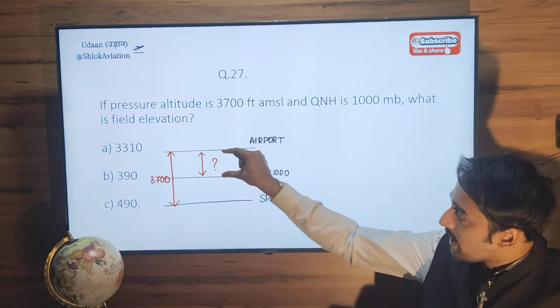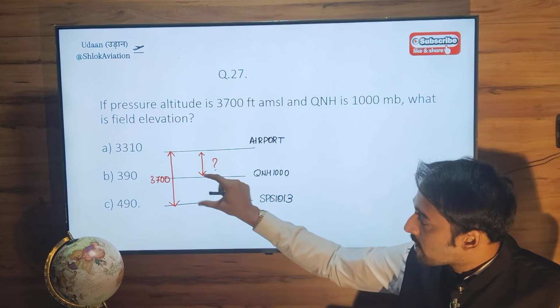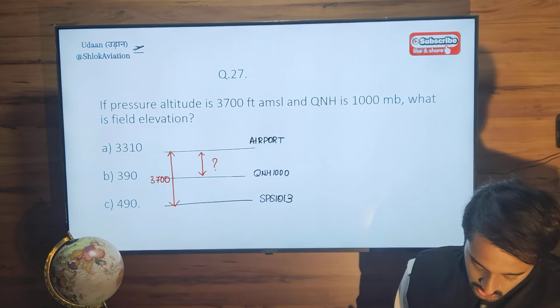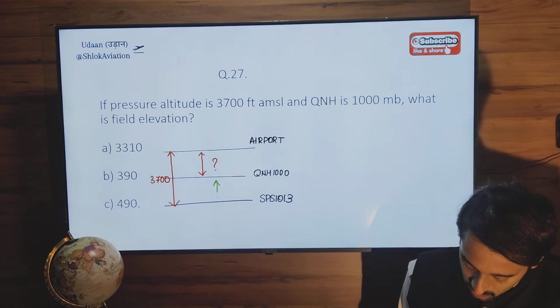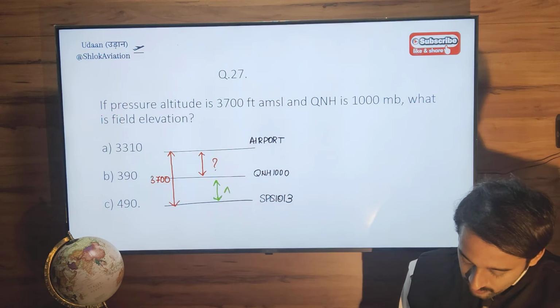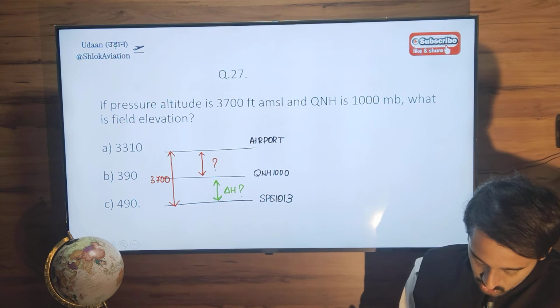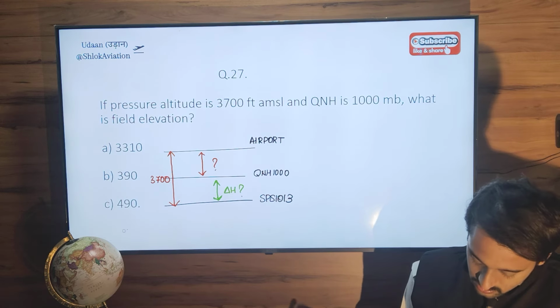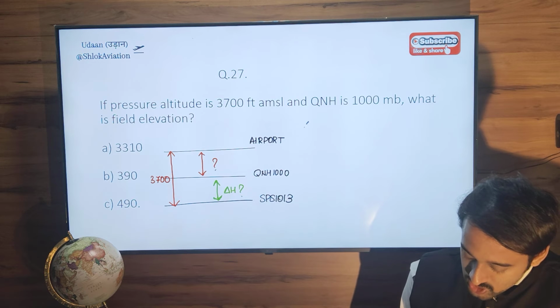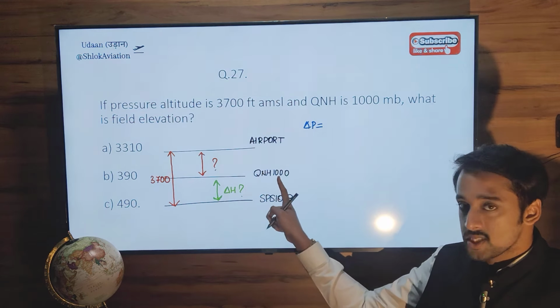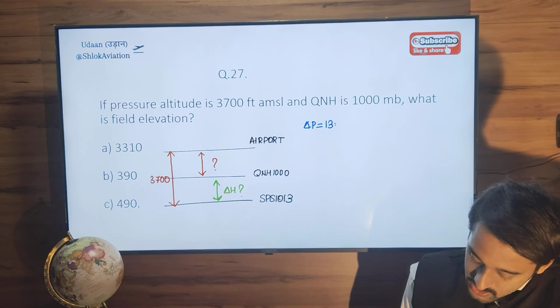Okay, to find elevation, out of this big part we will have to subtract this part. So let's calculate that. A height difference of how much? Here you go. Pressure difference is 1013 minus 1000, 13 millibars.